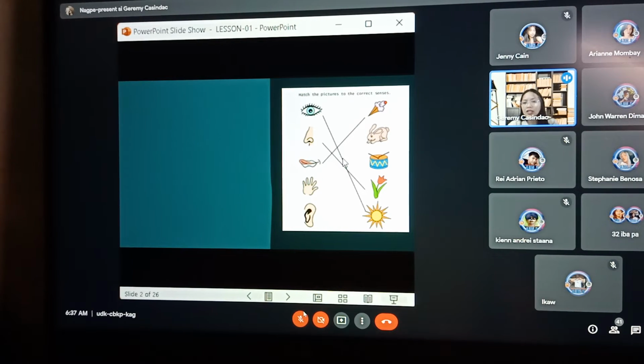And next, the hands? Sa drum po. Okay, that's correct. Sa, the drums ba? I'm sorry. Drums or the bunny or the rabbit?